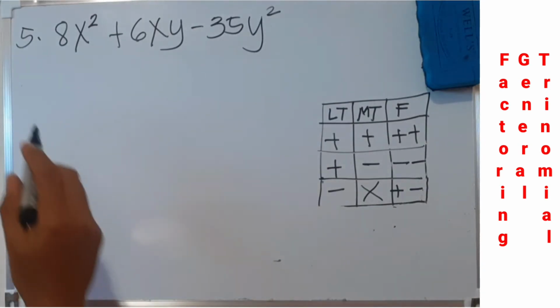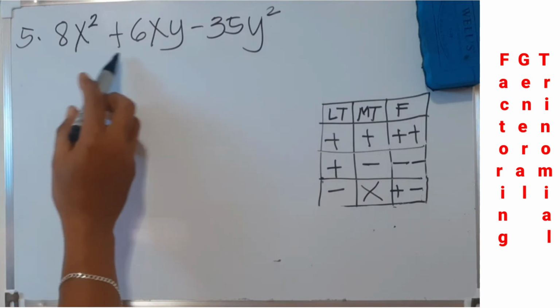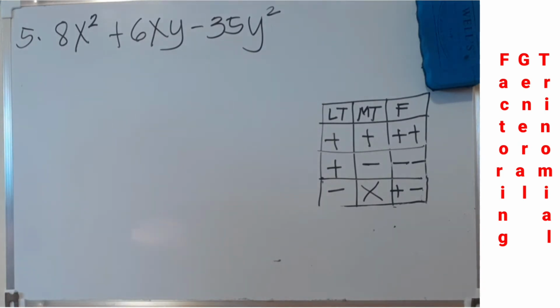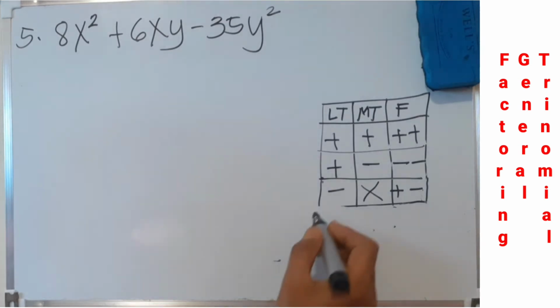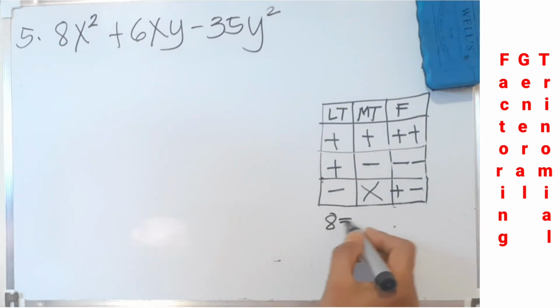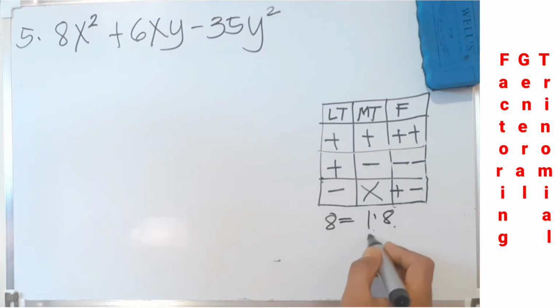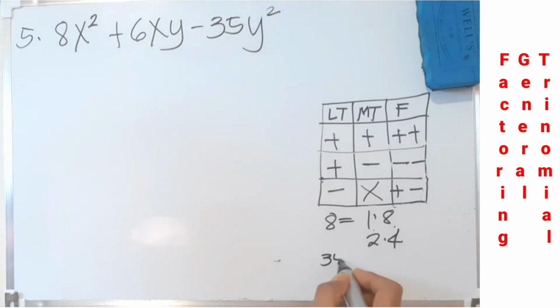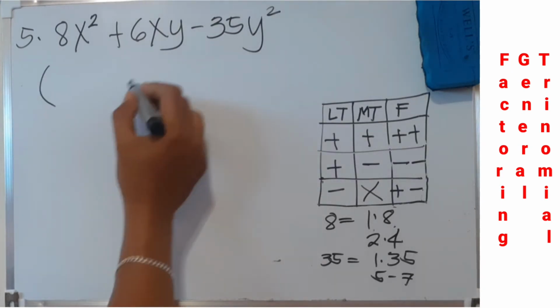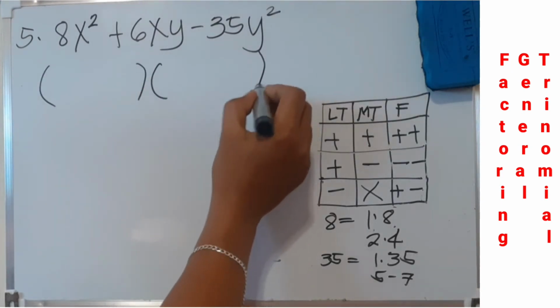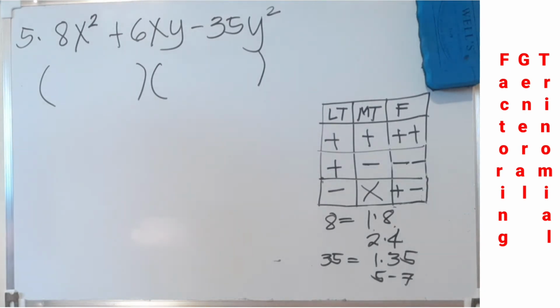Number 5 example. Factor 8x squared plus 6xy minus 35y squared. The possible factors of 8 are 1 times 8 and 2 times 4. The possible factors of 35 are 1 times 35 and 5 times 7. Let us now know the proper combination or the correct combination. Let us use 2 and 4.